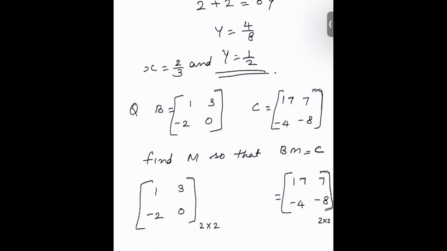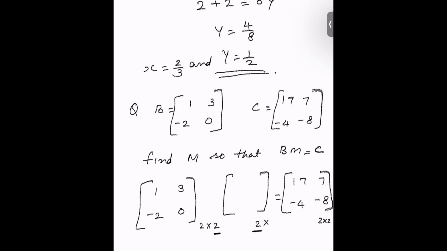So from this, what you need to understand is how the result is going to be. This multiplication is possible only if the number of columns of the first matrix and the number of rows of the second matrix are equal. So the number of columns of the first matrix is going to be the number of rows of the second matrix.